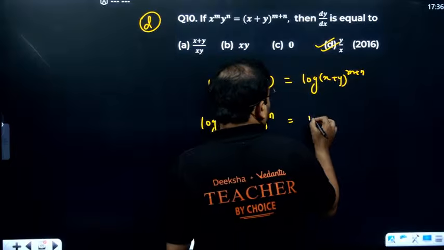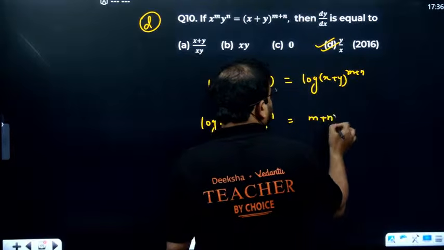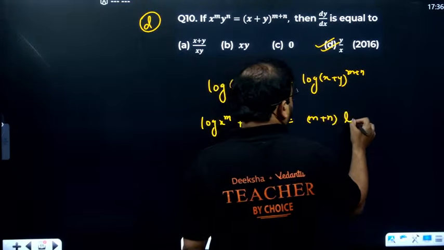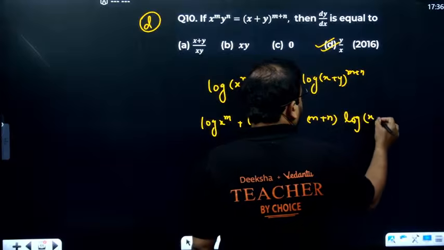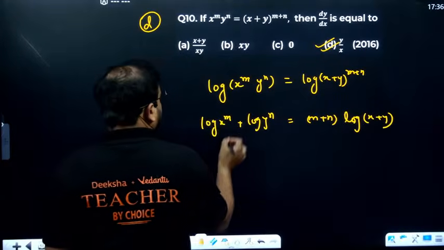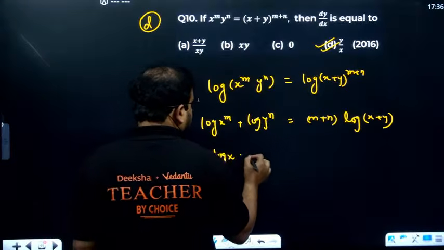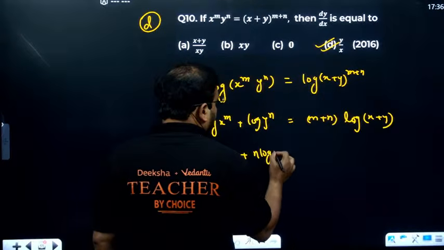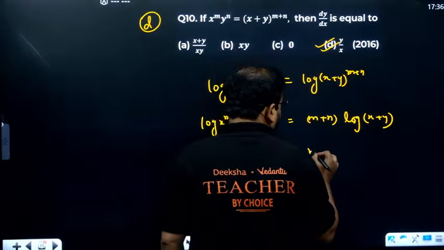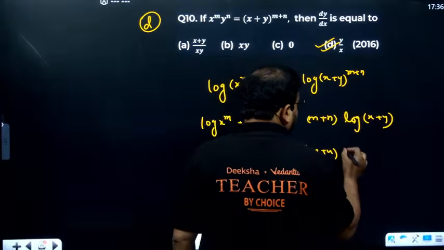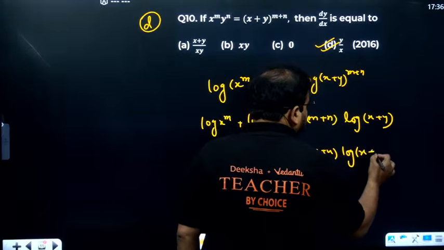Now we're going to use the power rule, so the powers come in front. Log of (x plus y), and differentiate it. You're going to have m log x first, and here n log y, equals m plus n log of (x plus y).